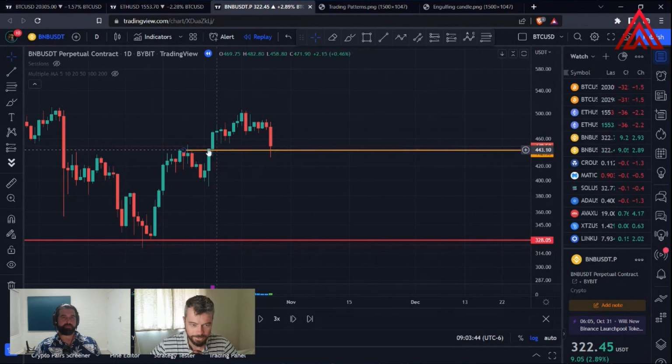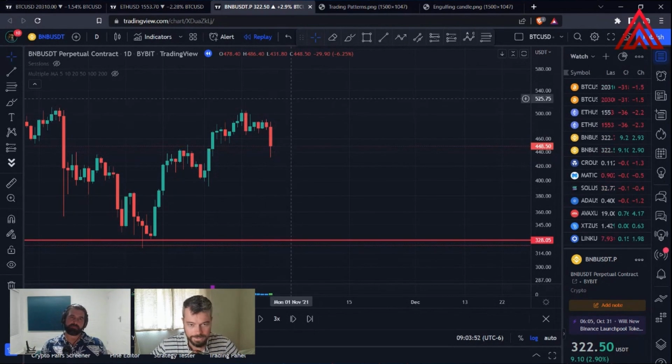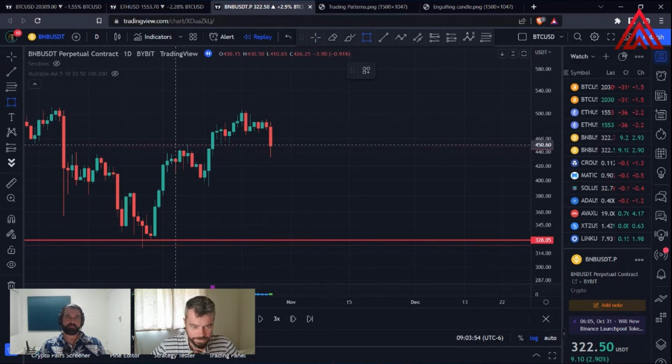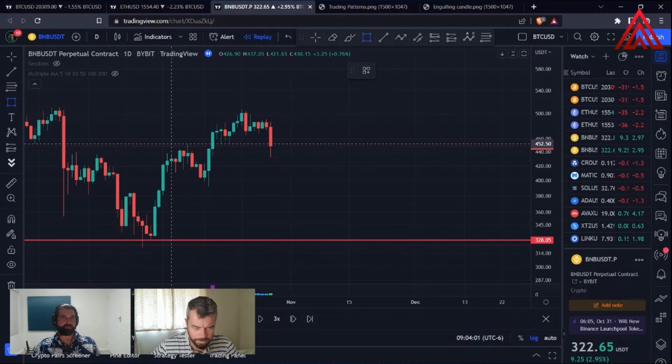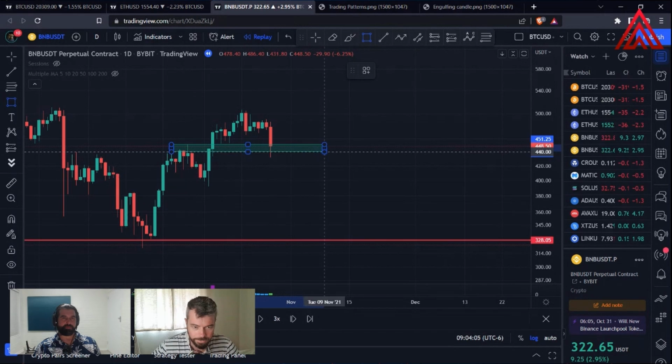Boom. That's our pullback. So you see that we're coming back to our line here. So now, just instead of having a line, let's make a zone. Okay, so we can create a zone. So we will take it from the top of this wick here, which is the higher point. Okay, and we're going to go to the top of those candles, and we're going to create a zone.